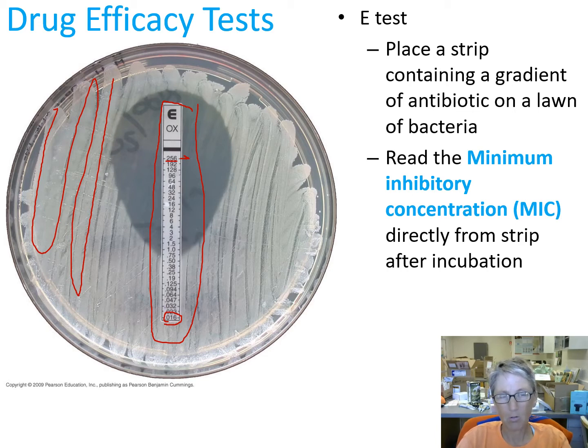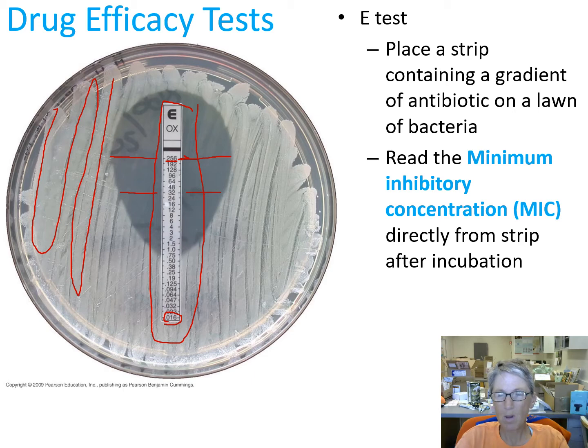So you can see for 32 milligrams per mil, the zone of inhibition, or that diameter, is some number here, and then at 256 the diameter is a little bit bigger, so it kills more. So at that concentration of the drug, 256 milligrams per mil or micrograms per mil, for example, will kill more of the bacteria than 32 micrograms per mil.